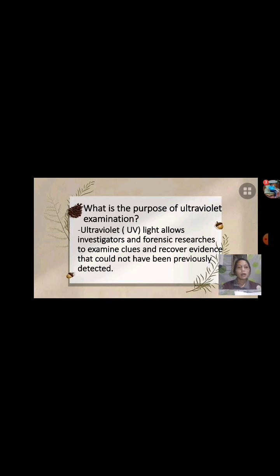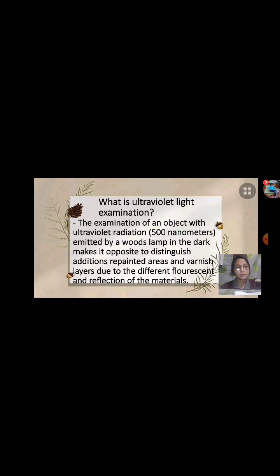So, ultraviolet or UV light allows investigators and forensic researchers to examine, close, and recover evidence that could not have been previously detected. Next is what is ultraviolet light examination?